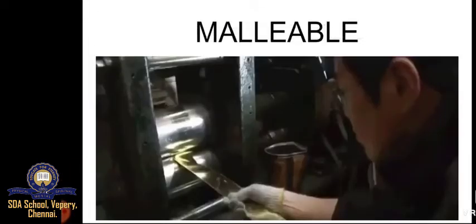The next property of metals is malleability. Malleable we know already: we can make solid metals into a sheet. To spread metals into a sheet, we call this property malleable.